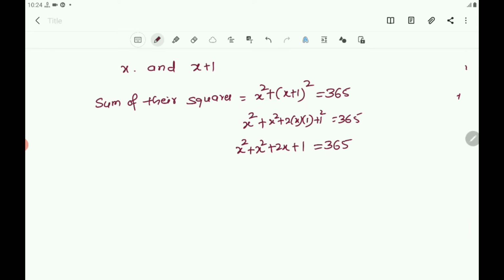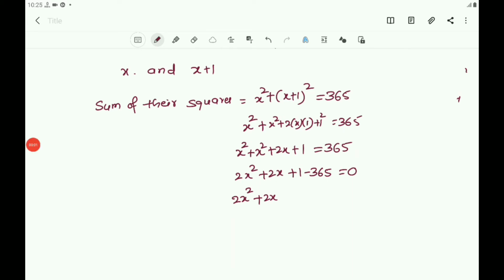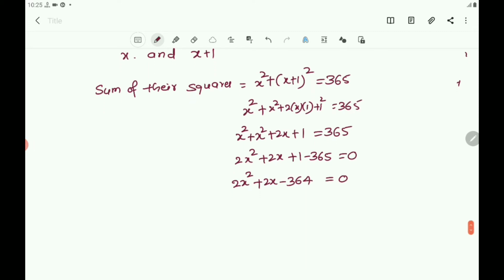x square plus x square is 2x square plus 2x plus 1. You transfer that 365 to the LHS: minus 365 equals 0. Then it is 2x square plus 2x, 1 minus 365 is minus 364, equals 0. Then you take 2 common.